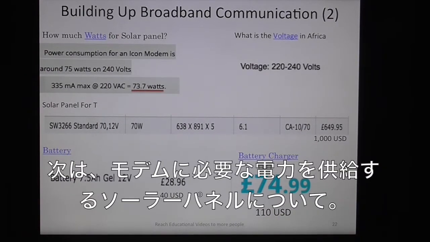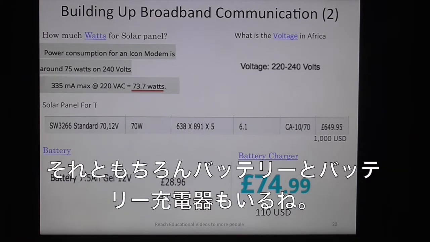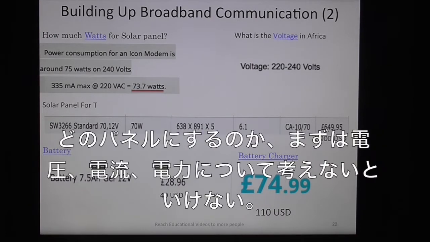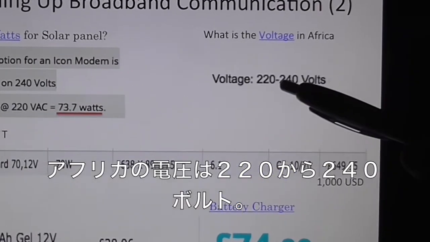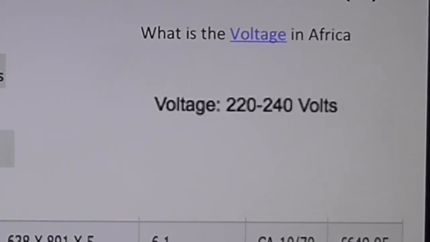So next, the solar panel for the modem, and of course the battery and the battery charger. For that, I had to consider the watts and the amperes and the voltage. The voltage in Africa is 220 to 240 volts.